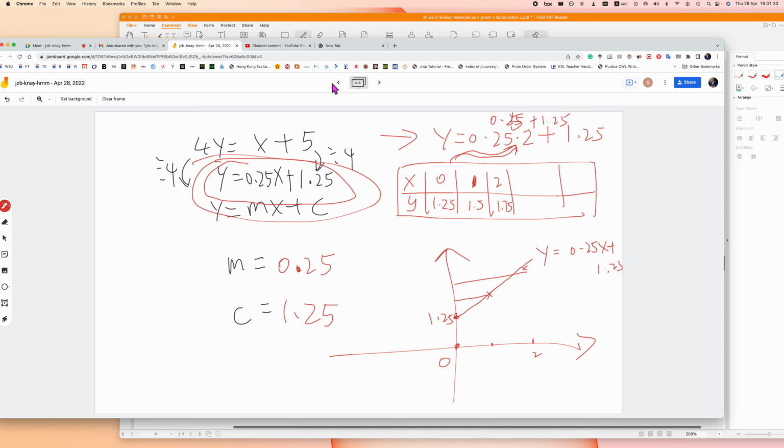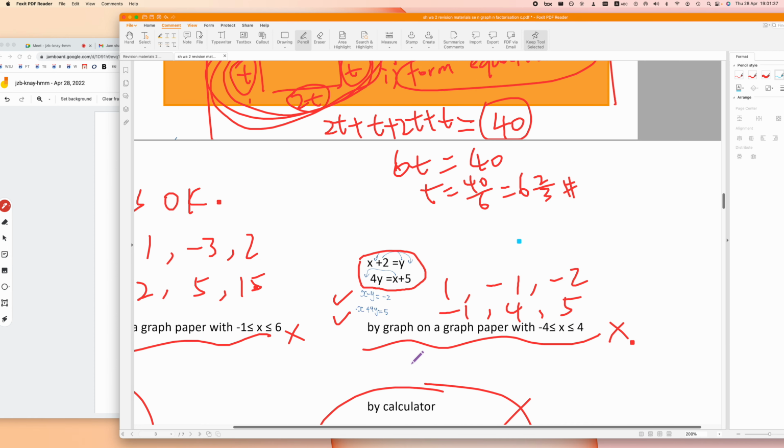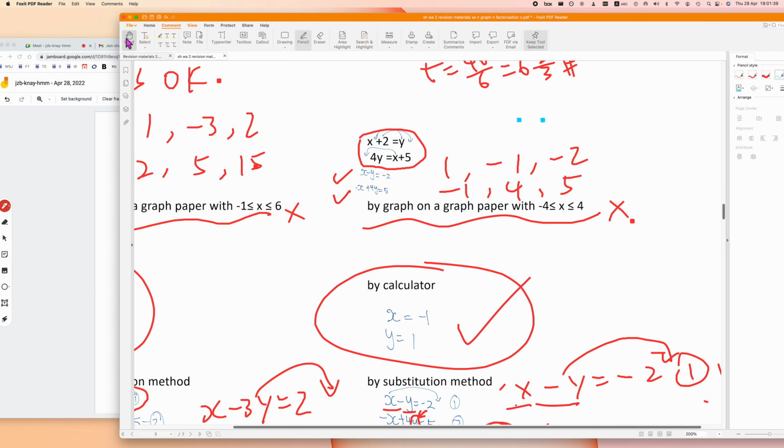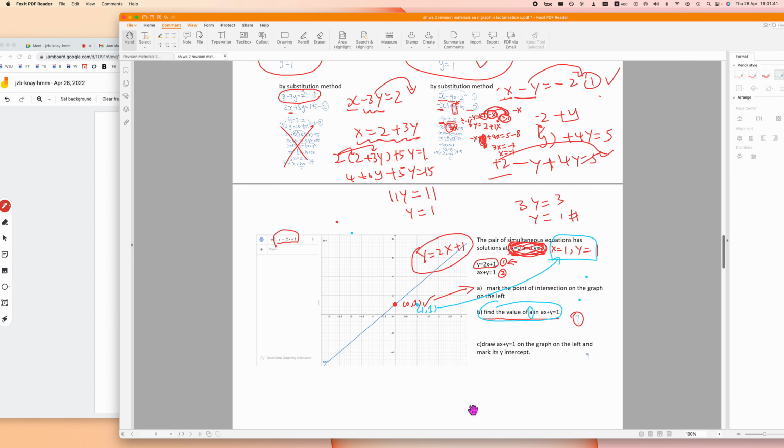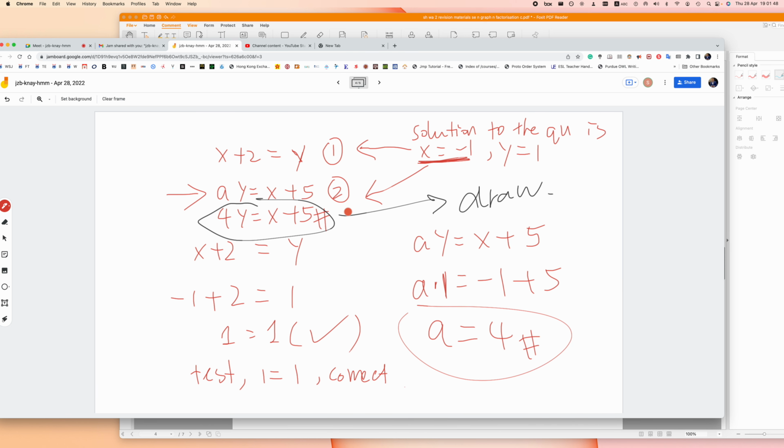So now, let's go back to your graph question. You remember how you find the a? You go back to the slide. Test to 1. Test to 2. Once you test for 2, you get a equals to 4. Are you clear? Yeah. Okay, good.